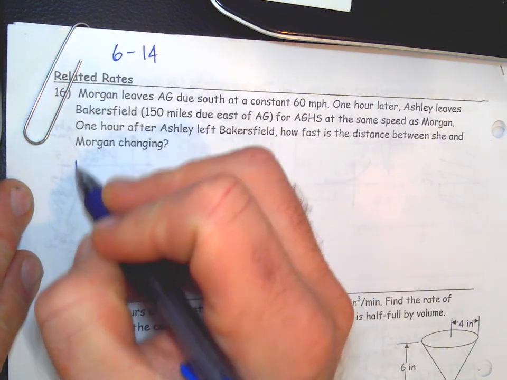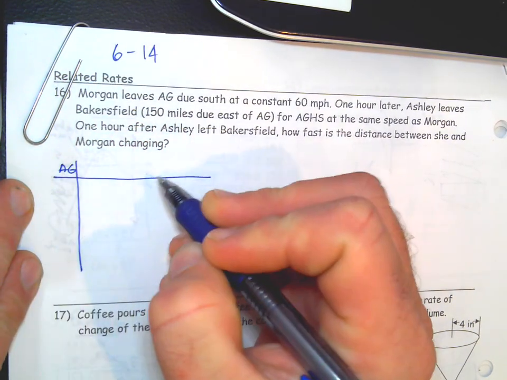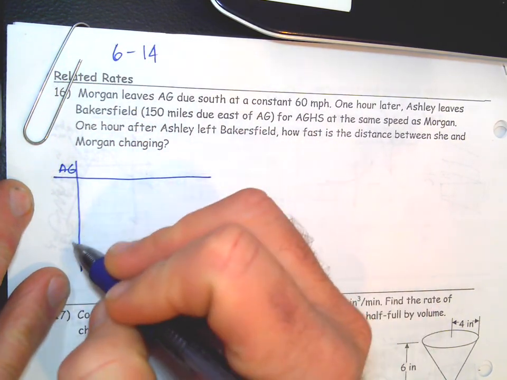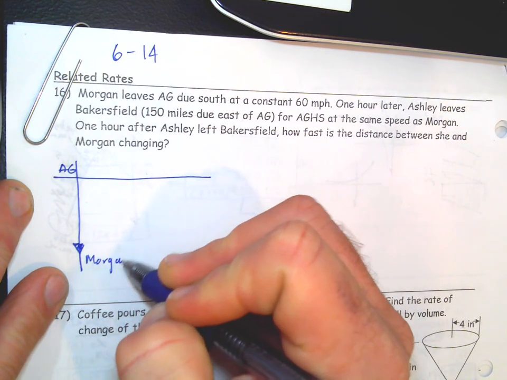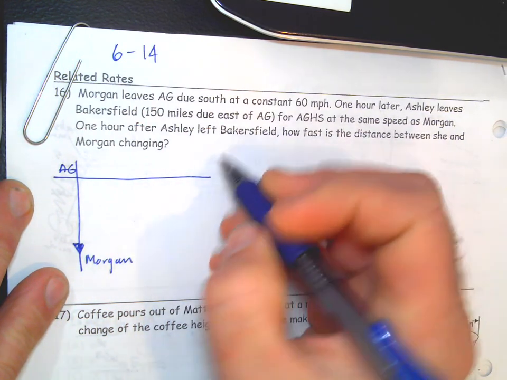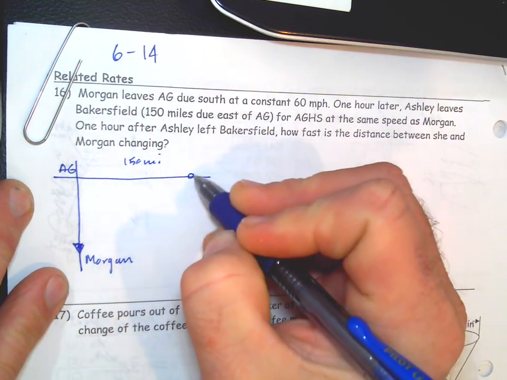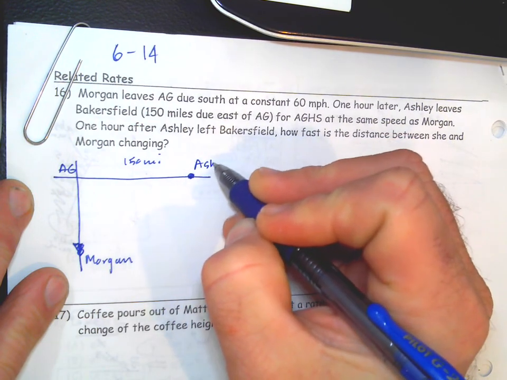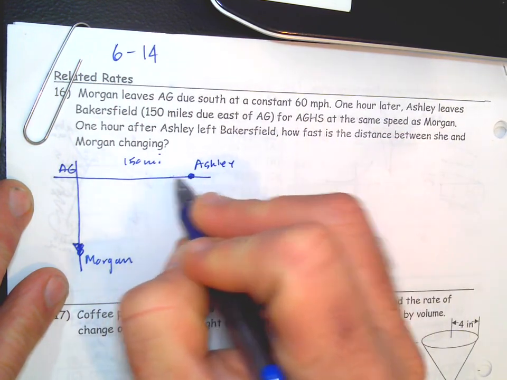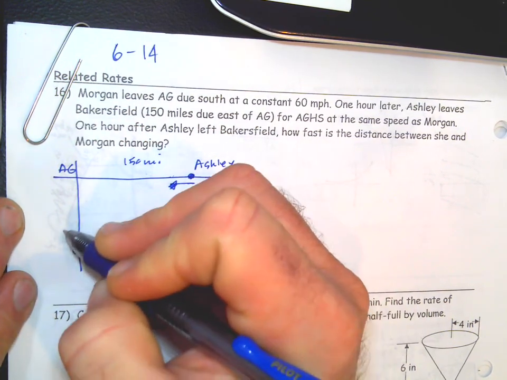So however you want to do it, we could say, okay, well, here's AG. Morgan leaves AG due south. So this is Morgan due south. And Ashley leaves Bakersfield, which is 150 miles due east. So this is Ashley, and she's going that direction, and Morgan is going that direction.